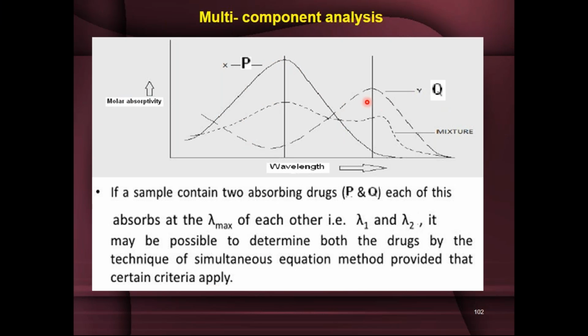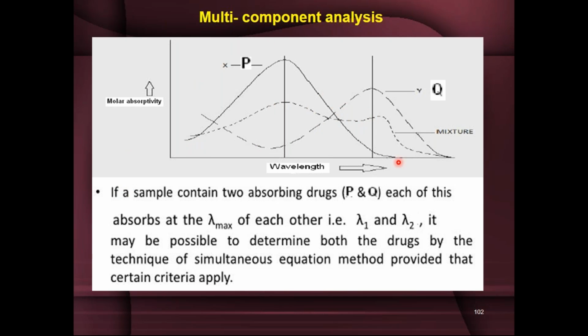You call it X and Y also, P and Q, but subsequently I think I've referred to them as P and Q, so you can take this as P and this is Q. And what is this small dashed line? This is for the mixture. If you take the mixture and analyze it, then you will get a curve like this, which indicates that it has both P as well as Q substance.